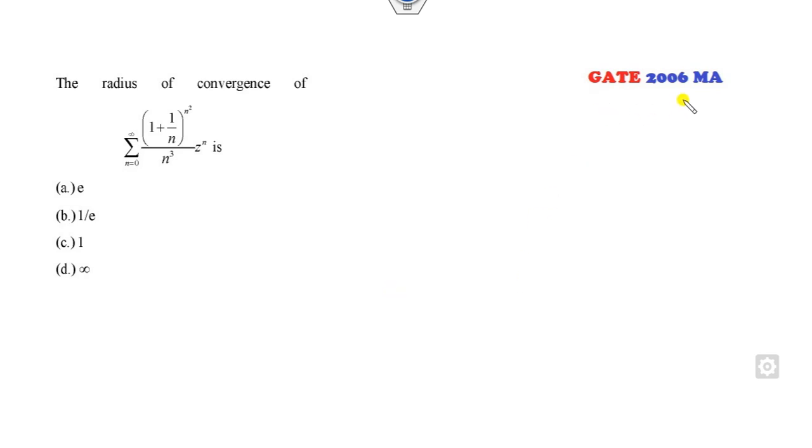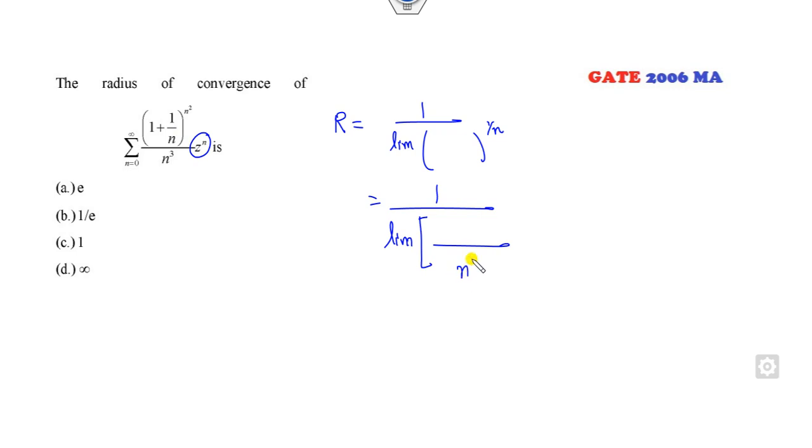Okay, now it's GATE 2006 here. How can you find the radius of convergence? So it's z to the power n. I can take simply the limit supremum because there is a single term of 1 by n. If I take the limit of this, the denominator is 3 by this, and n square by n is simply n.